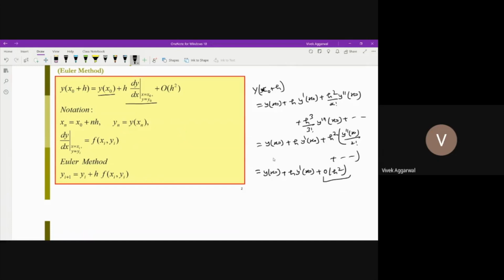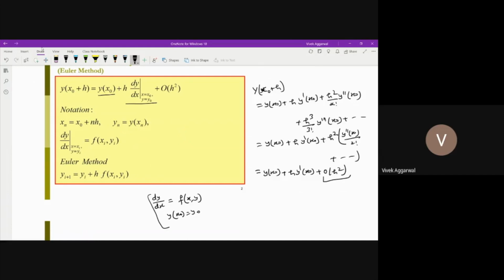Now, suppose I have y dash equal to some function of x and y. I write this as dy by dx equal to the function of x and y, and here I take the initial condition y at x naught equal to y naught.